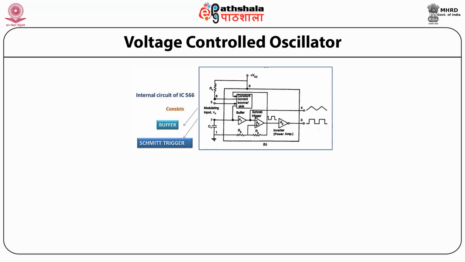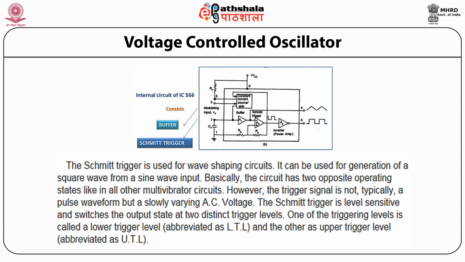Students, let us discuss the internal circuit of IC566, which consists of two components, the buffer and the Schmitt trigger. The Schmitt trigger is used for wave shaping circuits. It can be used for generating a square waveform from a sine wave input.